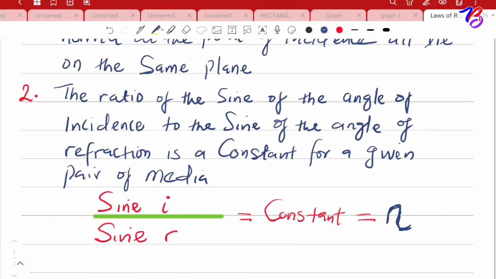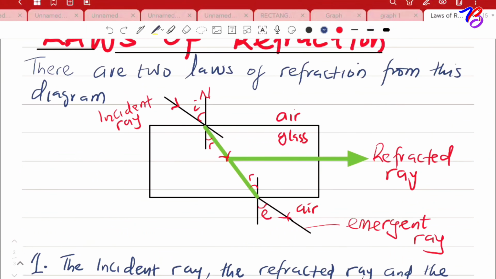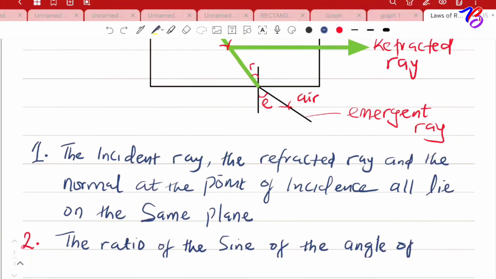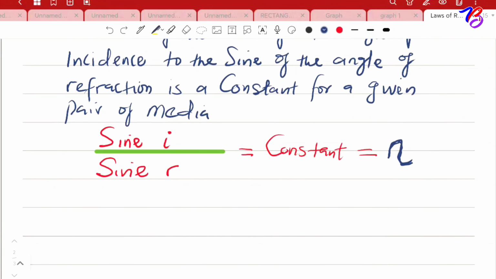Okay, we can use n or you can use the Greek alphabet to represent that. And this constant is for a given pair of media. It can be air and glass, or it can be glass and air. Take note of that.